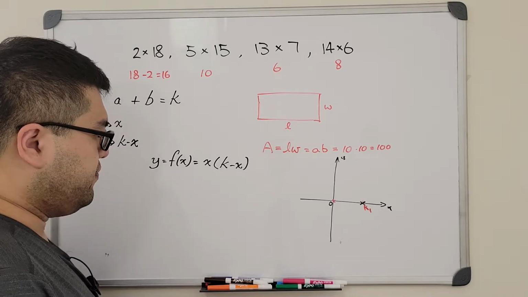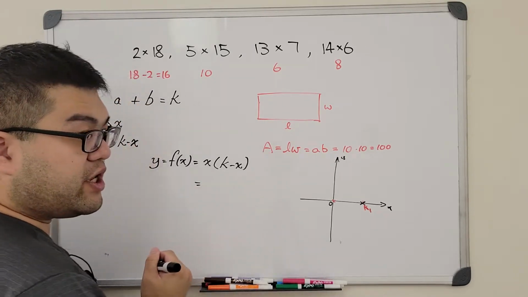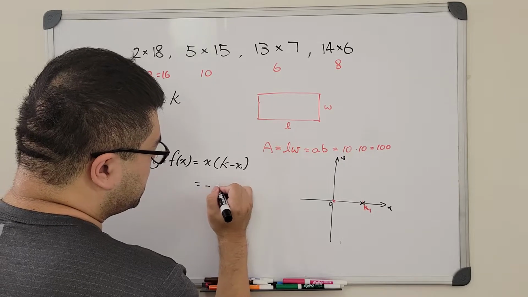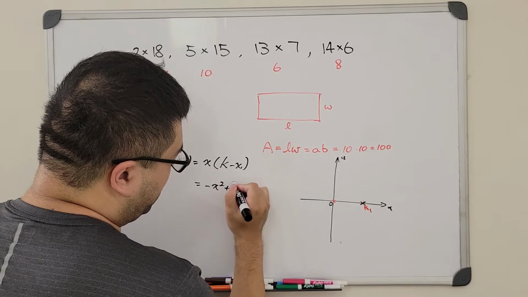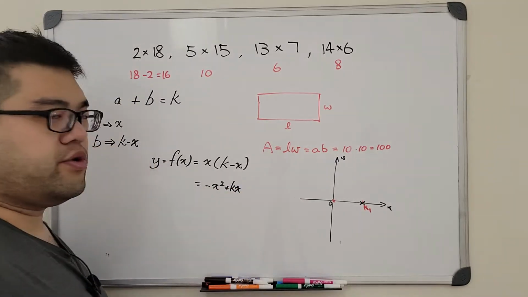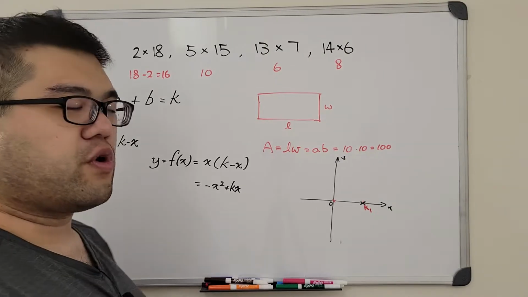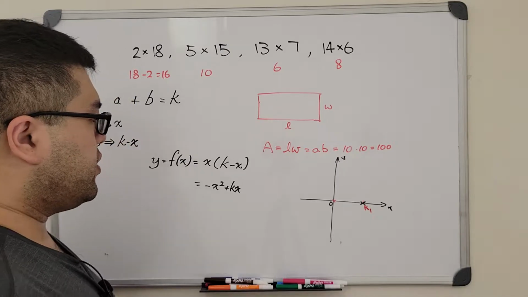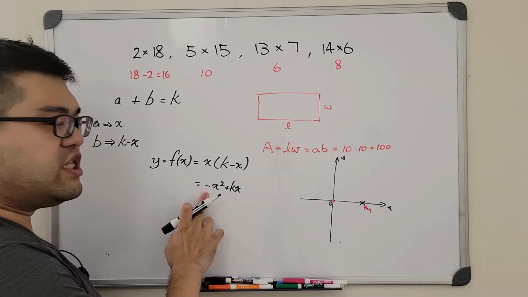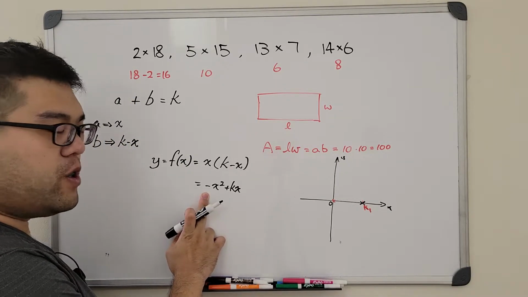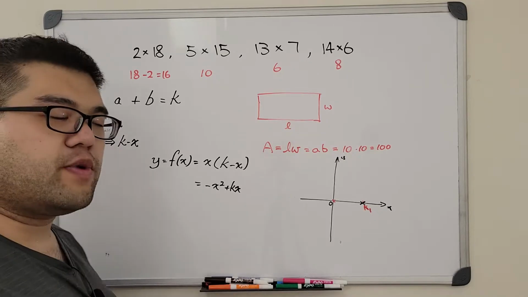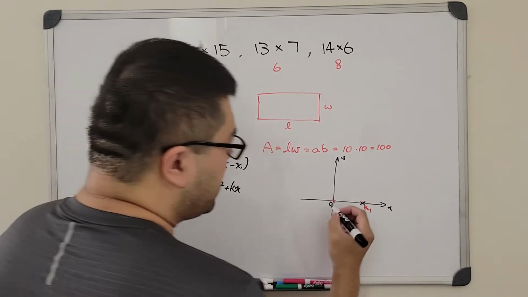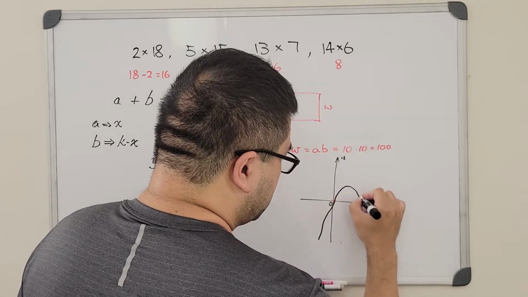Moreover, this is a second degree function, in other words, a quadratic function. So, how would the graph of a quadratic function look? It looks like a parabola, where since the leading coefficient is -1, this parabola is going to open down. So it will look like this.